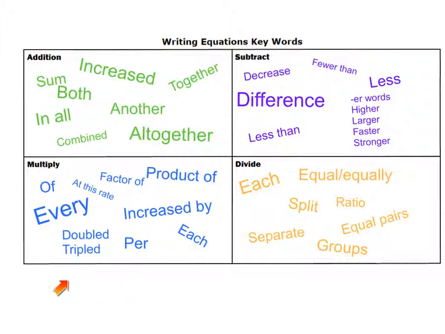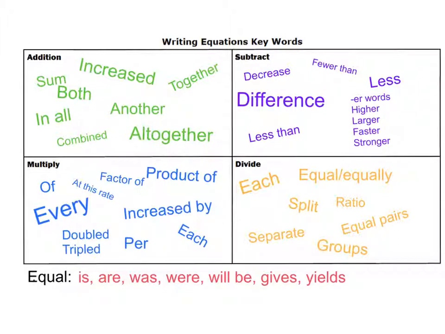On mine, I don't have the room, so I'm going to write mine at the bottom. So just over here on the side, write the word equal, and then we'll have some keywords for that. So we have is, are, was, were, will be, gives, yields. Those are some of those keywords that help you know that we are talking about the solve part, the equal part.